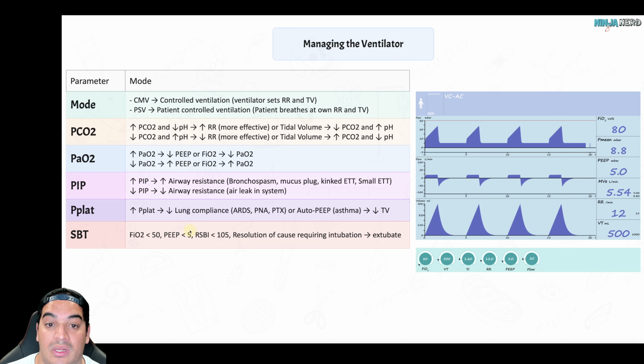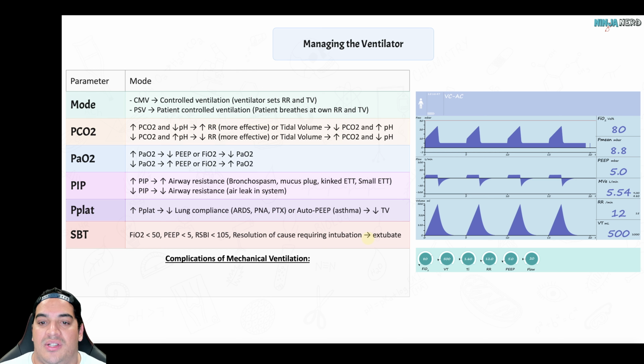Is their PEEP really, really minimal? Good. Is their RSBI, which is their rapid shallow breathing index, are they breathing really, really fast and not taking very good deep breaths? These are all things that would say that a patient would likely succeed and be able to be extubated. If they don't meet these criteria, you should probably not extubate them because they'll have a high risk of being re-intubated.